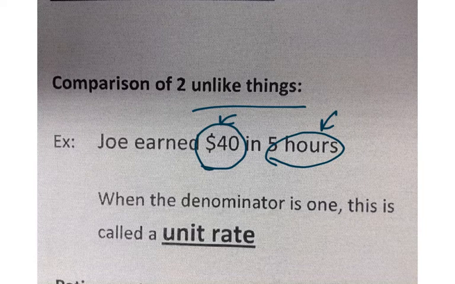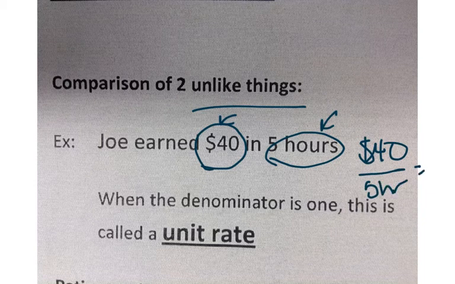When the denominator is 1, this is called a unit rate. In this example, we would have $40 for every 5 hours, and if we reduce that, it would be $8 for every 1 hour, which means your hourly or unit rate, because the denominator would be 1.